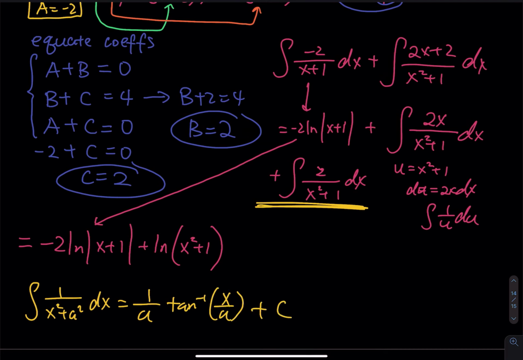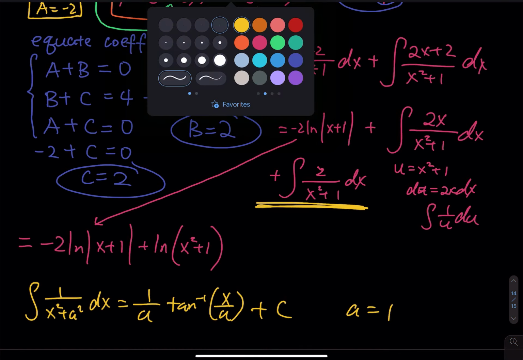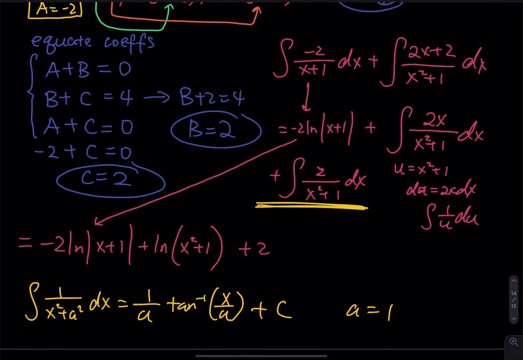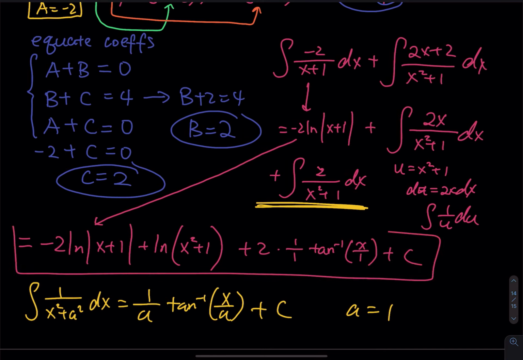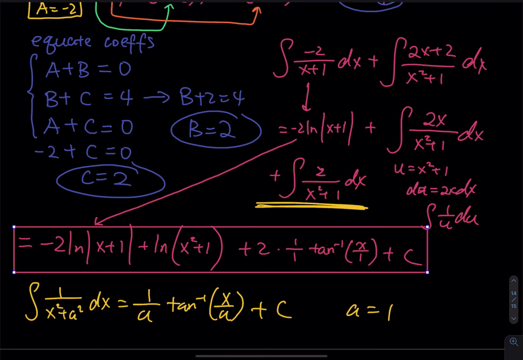In here we have a equals 1. So we write the 2 first, and then 1 over a, that will be 1 over 1, and then inverse tangent of x over 1 plus c. If you get rid of the 1, that will be the final answer. The final answer is right over here.